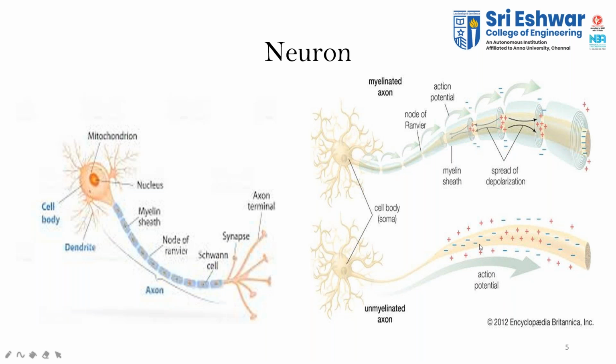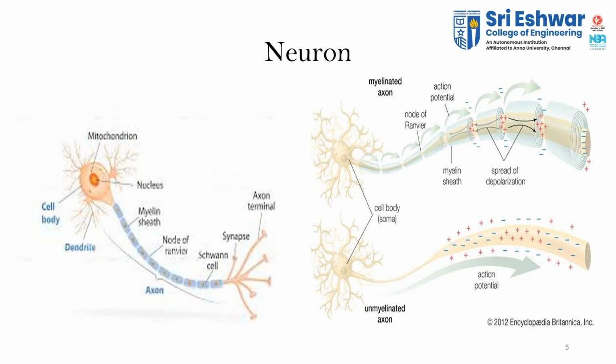When these two are separated from each other, that is said to be the resting potential. Is it clear? Each neuron is interconnected with the help of dendrites. The signal generated in this particular neuron will be passed to some other neuron through these dendrites.